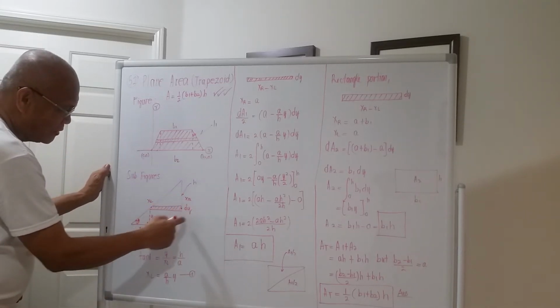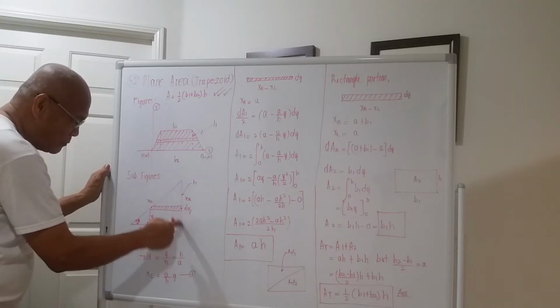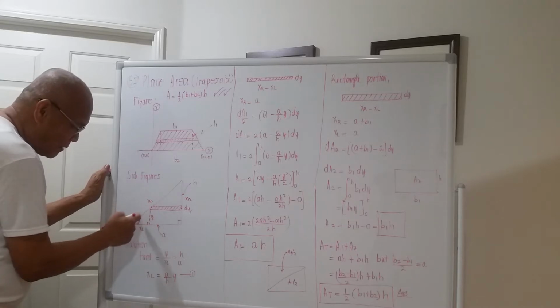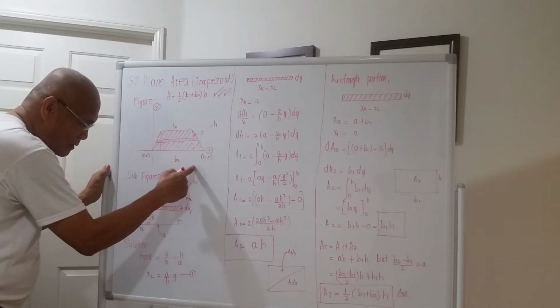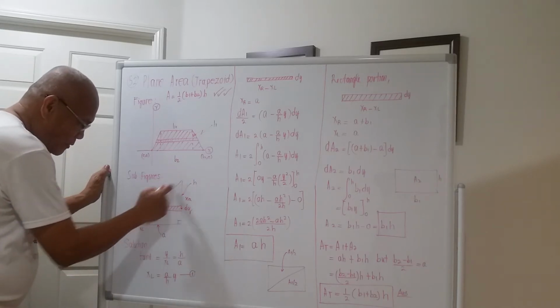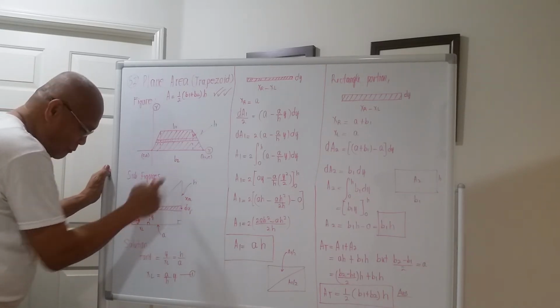The x on the right is the abscissa of this vertical line, and the x on the left is the abscissa of the hypotenuse. We got a problem here. Why? The abscissa of the hypotenuse is variable.